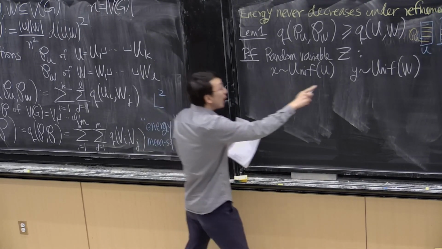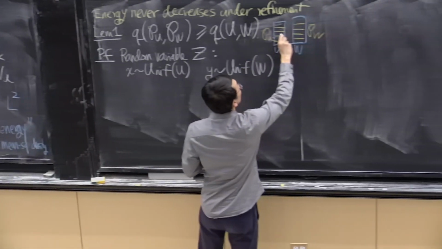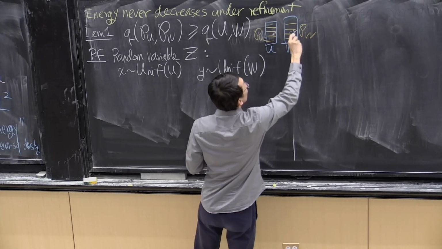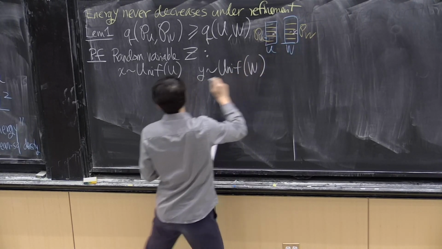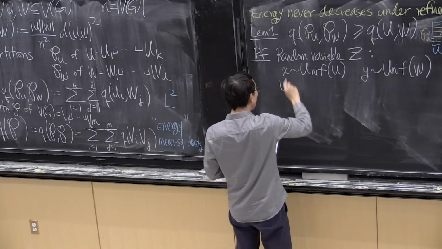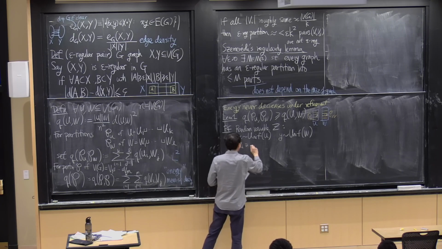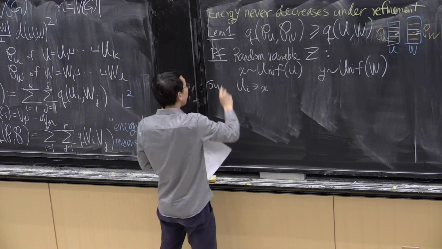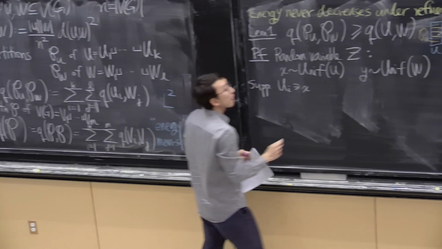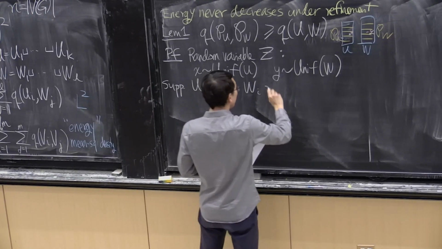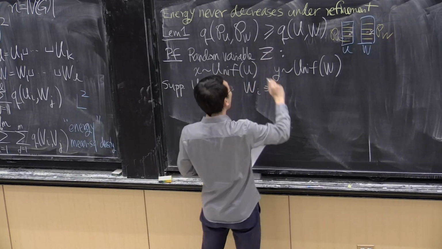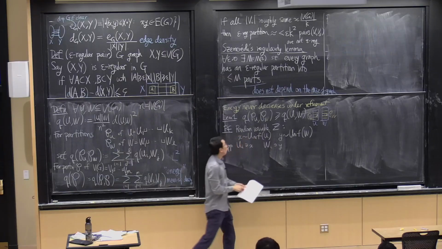Right, so x and y fall into some part in the partition. So suppose Ui is the part where x falls, and Wj is the set in the partition where y falls.